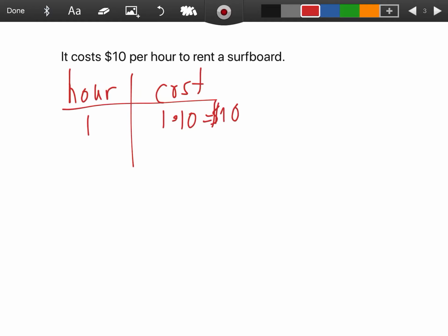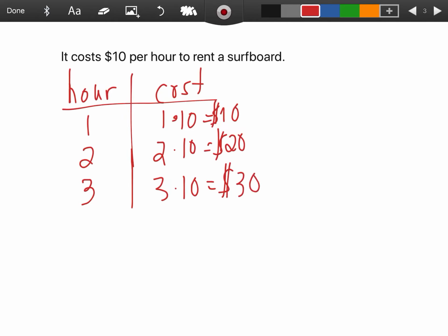For 2 hours, it's going to cost me 2 times the $10, which is 20. And for 3, we would just do 3 times 10, which gives me $30.